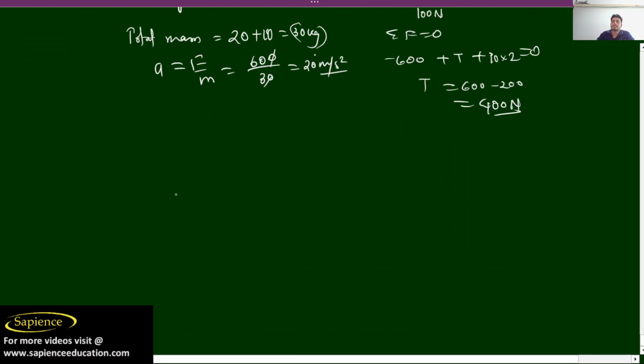Now the same case: an object is here and another 20 kg object is here, and a string is connected, but the force of 600 Newton is acting in this direction.